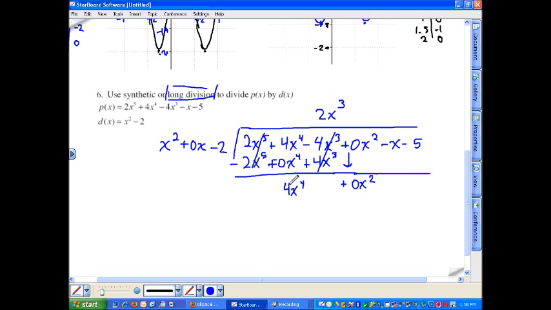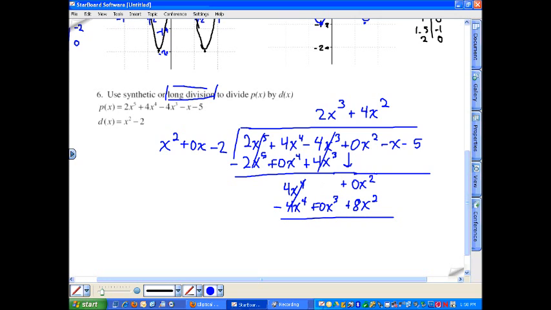Now x squared into 4x to the 4th is 4x squared. So 4x squared times x squared is 4x to the 4th plus 0x to the 3rd minus 8x squared. Draw a line, change signs.